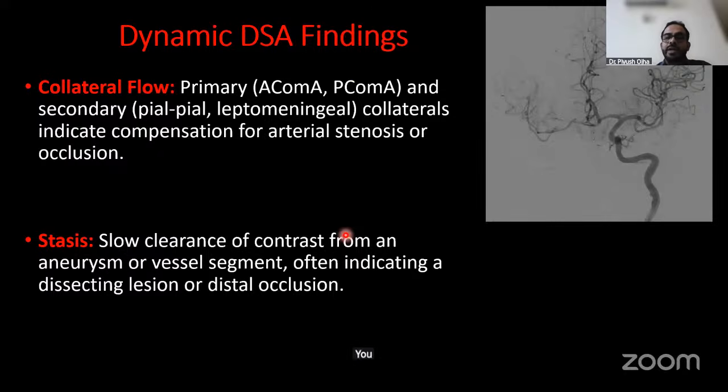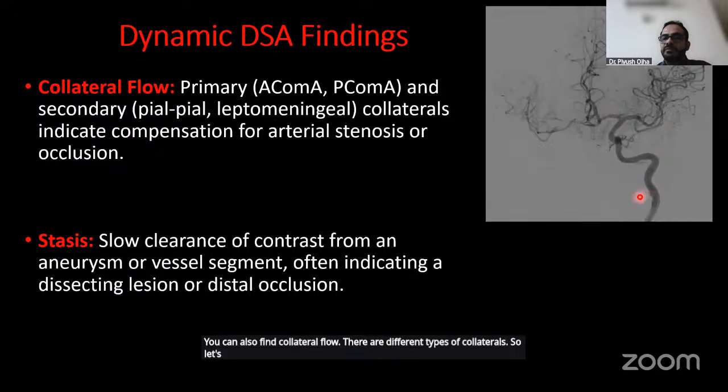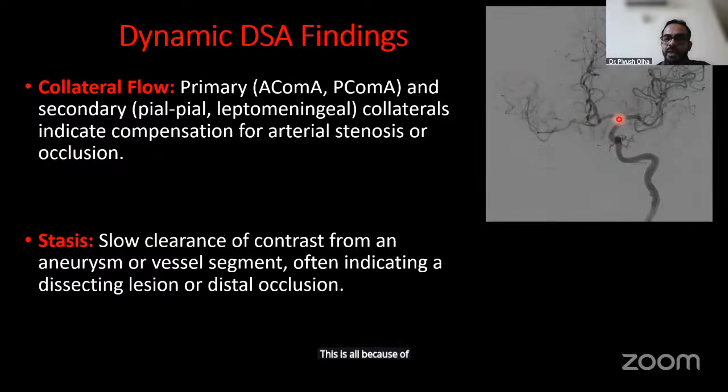You can also find collateral flow. There are different types of collaterals. In this particular patient, the dye is injected into the left internal carotid artery. You do not only see the left MCA and anterior cerebral artery, but you're also seeing the right side anterior cerebral artery and the right side middle cerebral artery. This is all because of collaterals, and in this case, it is ACOM collateral.